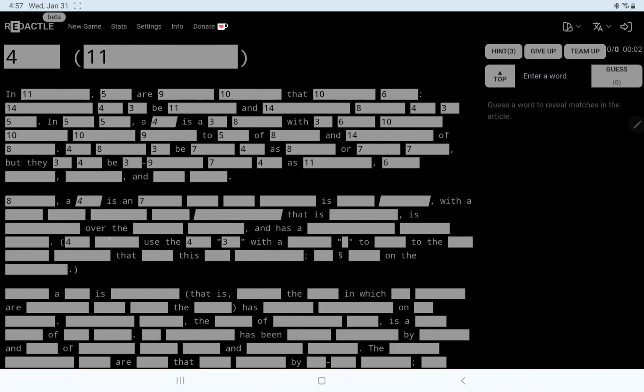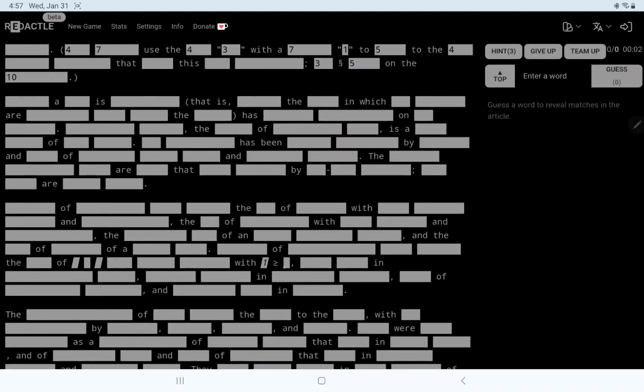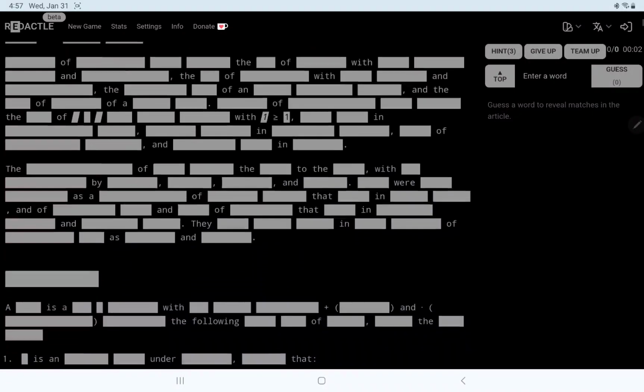Well, we see something use the word 3 with a something, 1 to something, and then we have that little double S symbol. Okay, oh, we do have something greater than or equal.